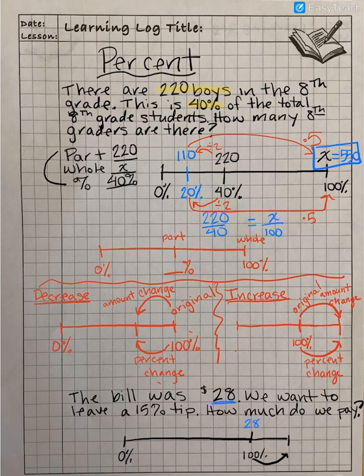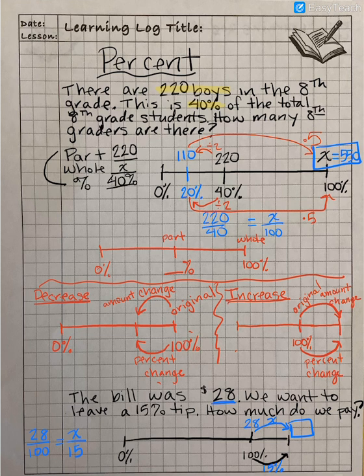The amount of the increase is 15%. So when I set up my ratios, I want to find this number up here, this x. How much tip do we leave? Then we'll be able to find the total we paid. So my ratios, I have 28 over 100 equals x over 15, right?